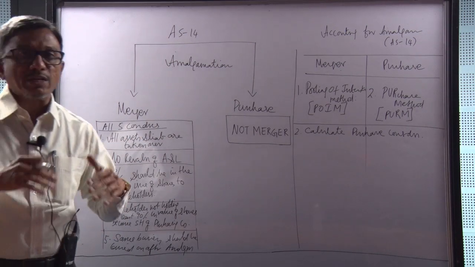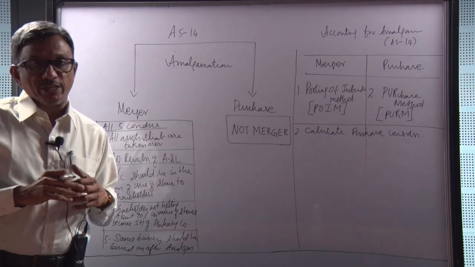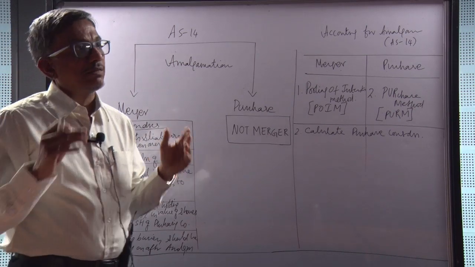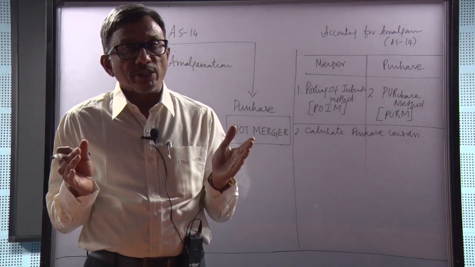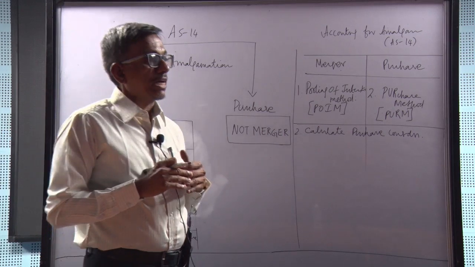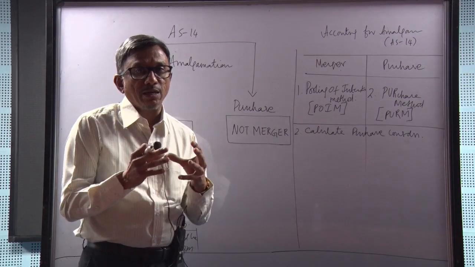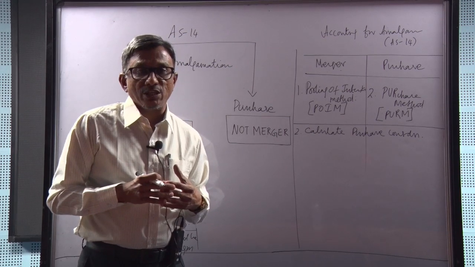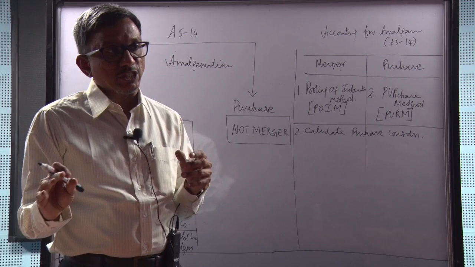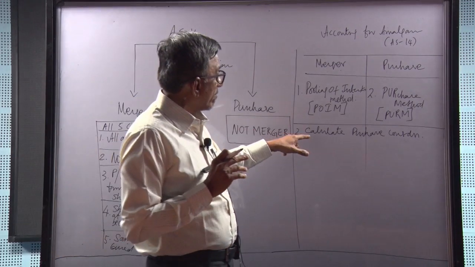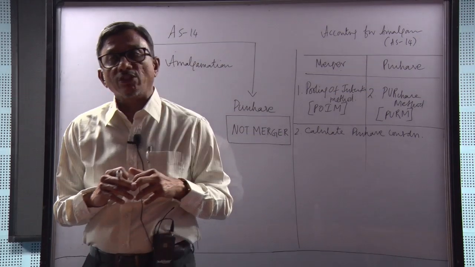Any payment made to creditors by the purchasing company should not be taken as the purchase consideration. Whatever cash or share or debentures are issued to the shareholders, namely the equity shareholders and the preference shareholders, put together, the total shares or cash given to the shareholders only will be taken as the purchase consideration. Therefore, whether it is merger or purchase, you calculate the purchase consideration.